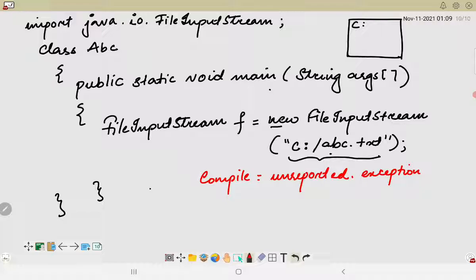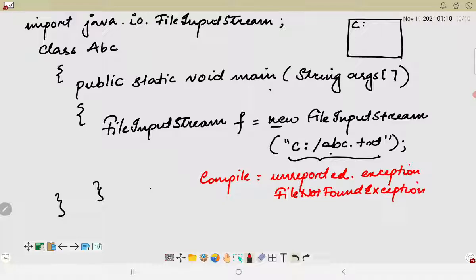Here, since the file is not present in the C drive, I will get a FileNotFoundException.